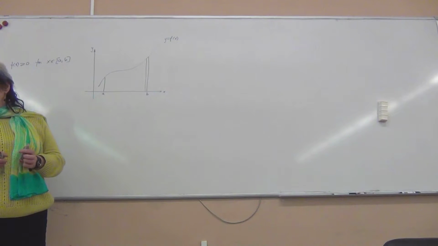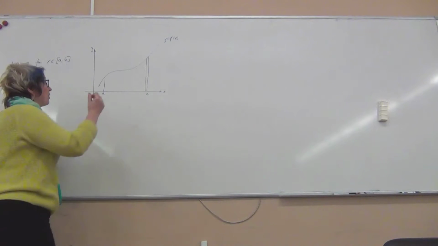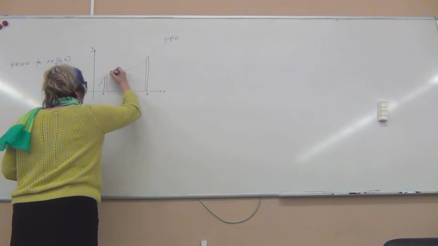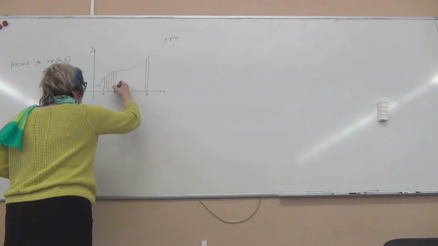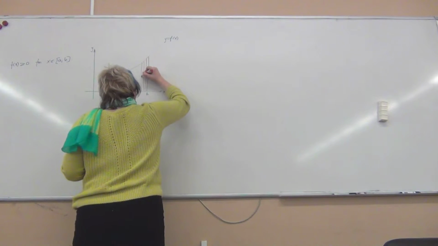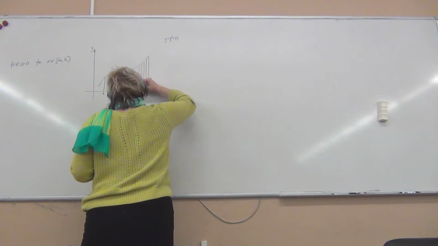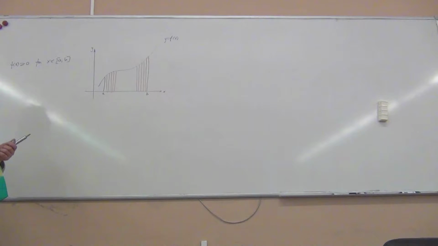But for our purposes today, it will be easier if we still slice this area below the curve into thin slices, and let's also assume that all these slices have equal width.